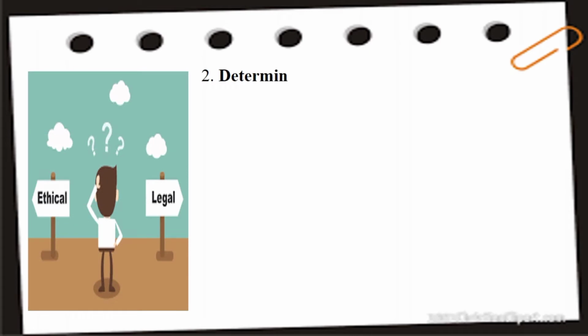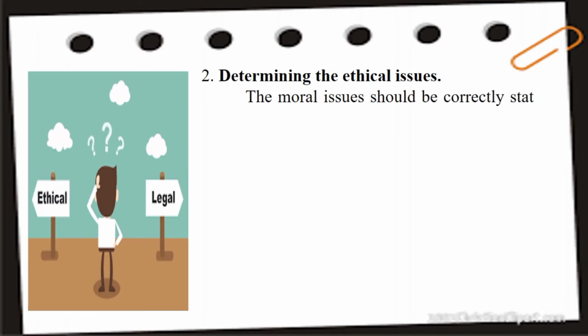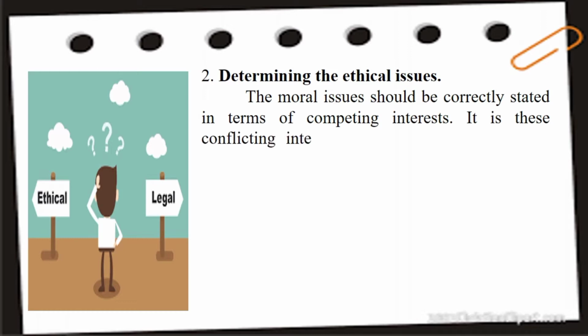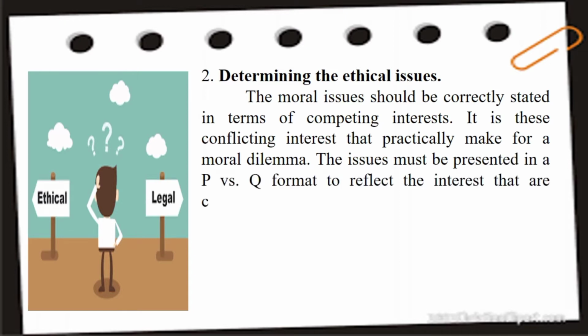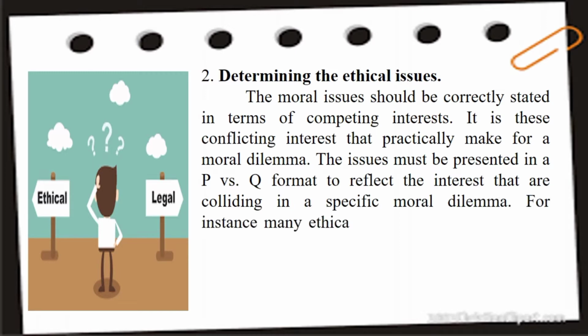Number 2, determining the ethical issues. The moral issues should be correctly stated in terms of competing interests. It is this conflicting interest that practically makes for a moral dilemma. The issues must be presented in a P versus Q format to reflect the interests that are colliding in a specific moral dilemma.